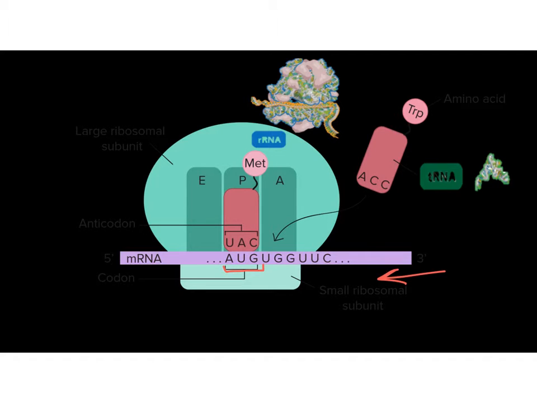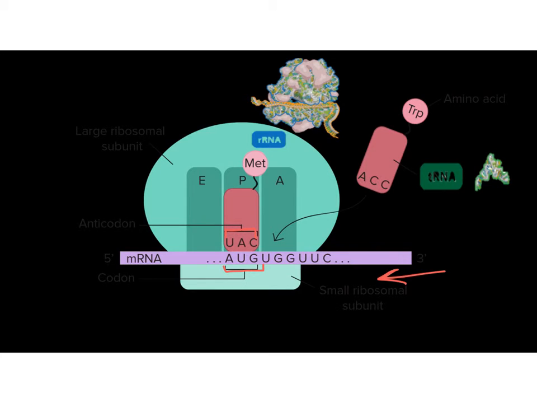A codon exists in the mRNA, and it's then paired with an anticodon, which is this here. So they're exact opposites. This is when that hydrogen pairing or hydrogen bonding between the two nitrogenous bases occurs within RNA. This is when it becomes double-stranded for an instant.